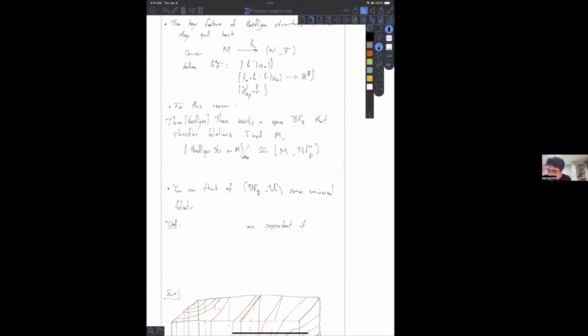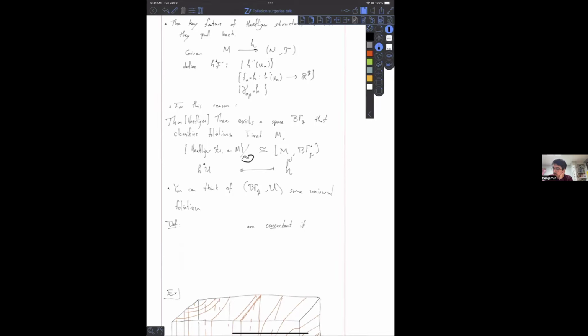I'm going to start just saying foliation because Haefliger structure is too many words for me. Then this map is given by a classifying map, which gets sent to the pullback foliation. And that's a pretty reasonable picture of what's going on.